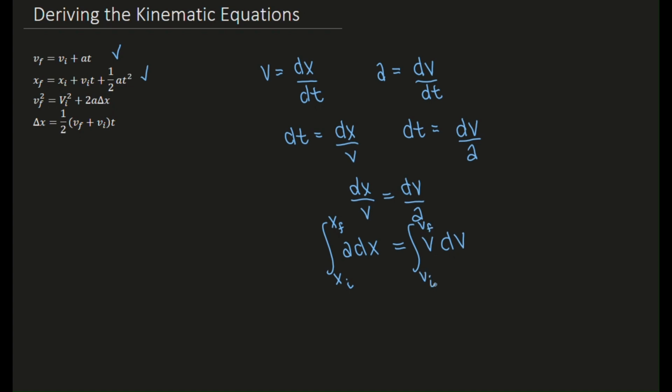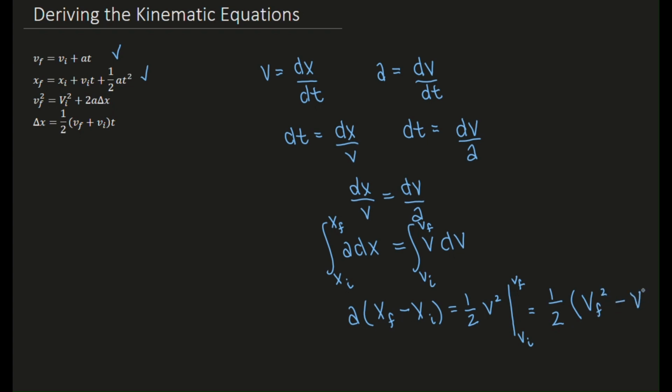I get acceleration times my final position minus initial position equaling 1/2 my velocity squared evaluated from the initial velocity to the final velocity, which is equal to 1/2 v final squared minus v initial squared.